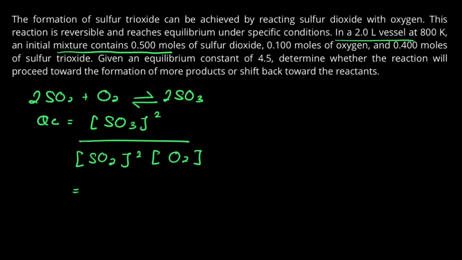Right. So how are you going to find the concentration? Concentration is molarity. Molarity is mole over liter. So in the question here, it states that the mixture contains sulfur dioxide, oxygen, and sulfur trioxide. So your sulfur trioxide is 0.4 mole.